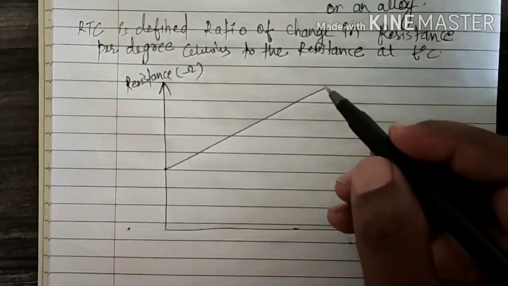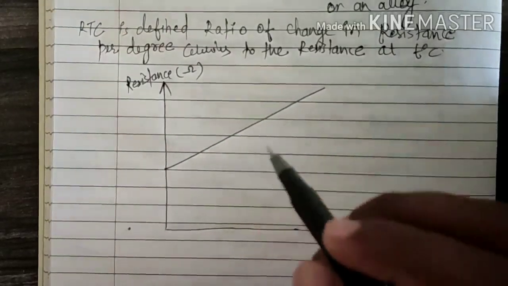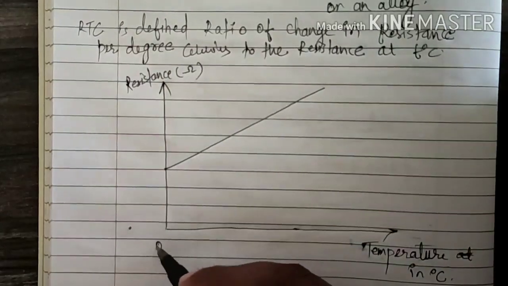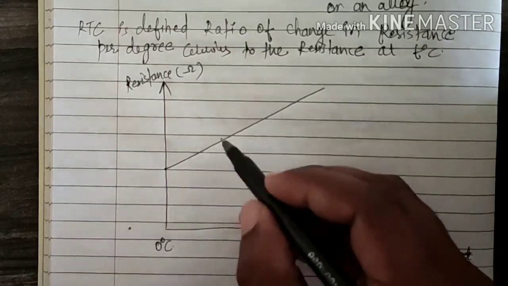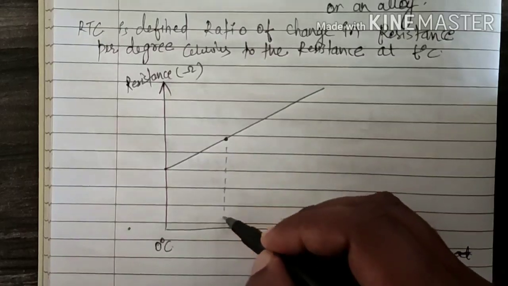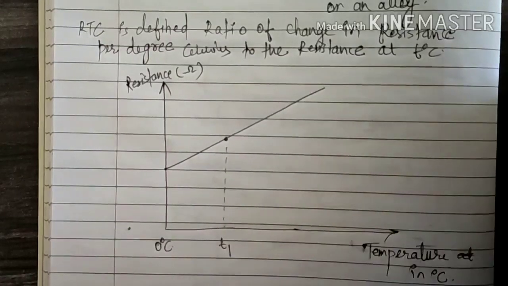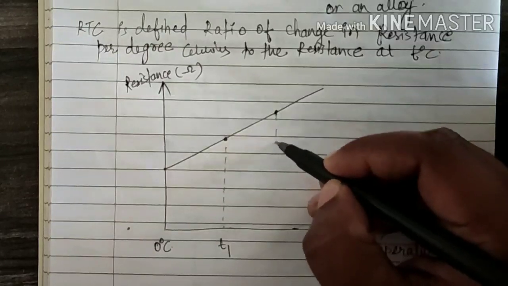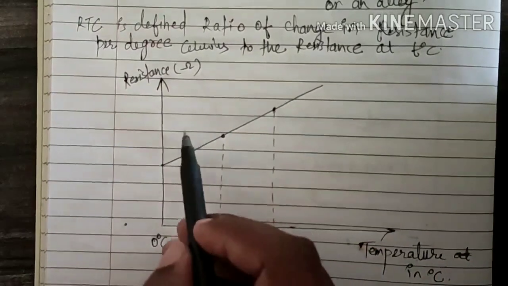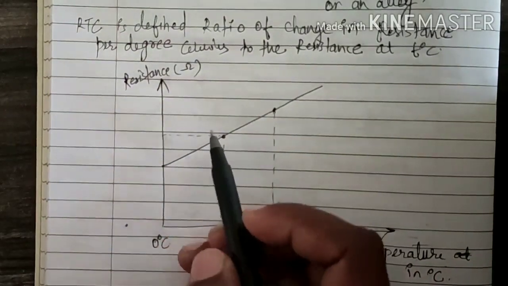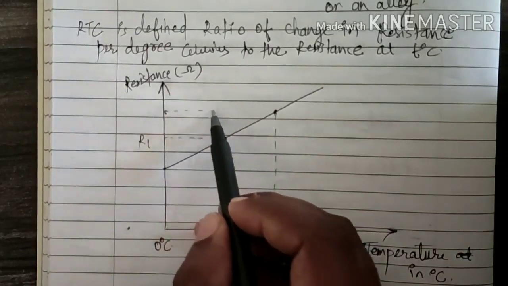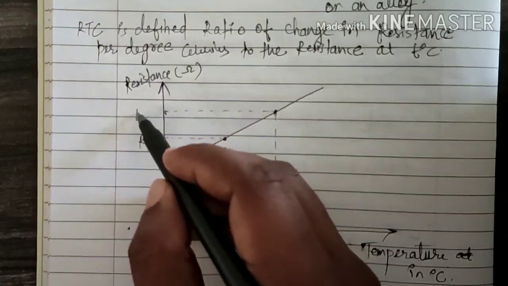This is the linear behavior of my resistance. It starts at 0 degree Celsius. Let's suppose here is one point at T1 degree Celsius, and another point at T2 degree Celsius. Suppose the resistance value at T1 is R1 and the other resistance value is R2.